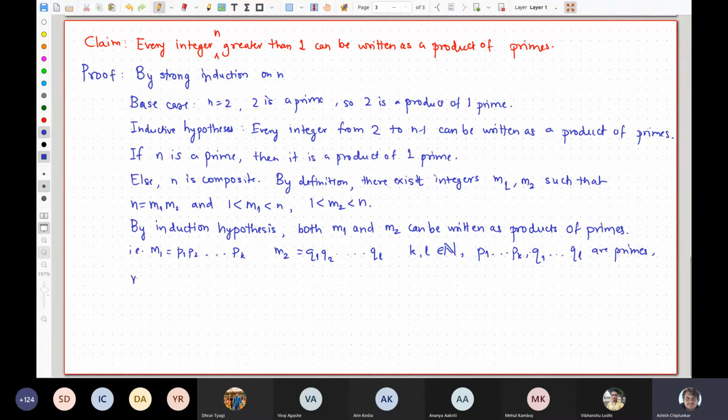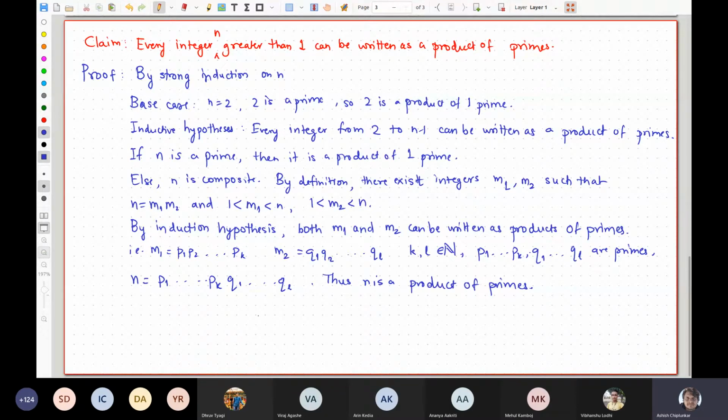And therefore n is equal to p1 through pk times q1 through ql, right? So thus n is a product of primes. So the technical part of the proof is completely trivial.